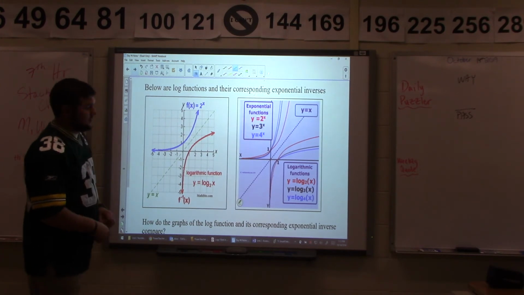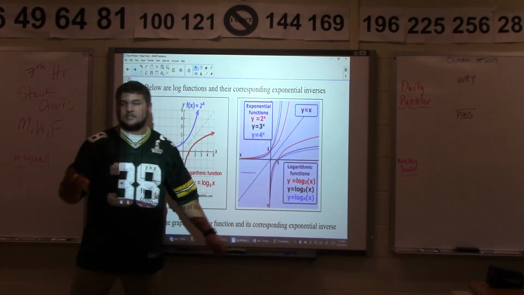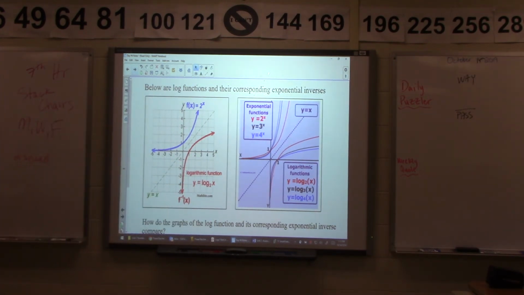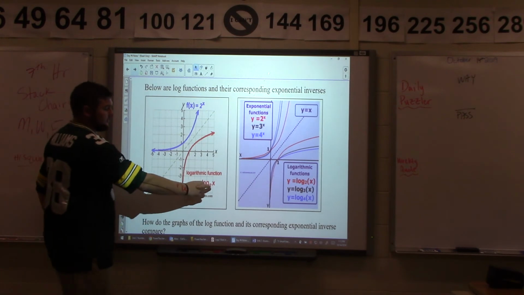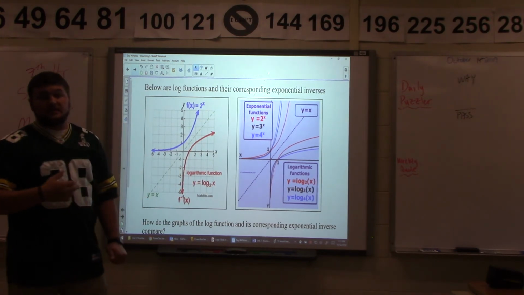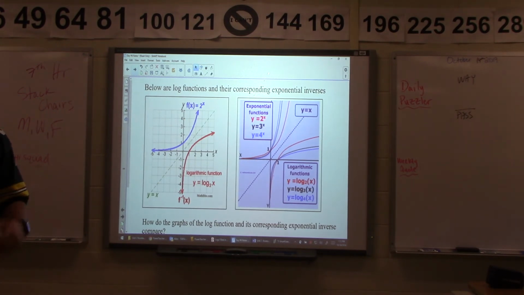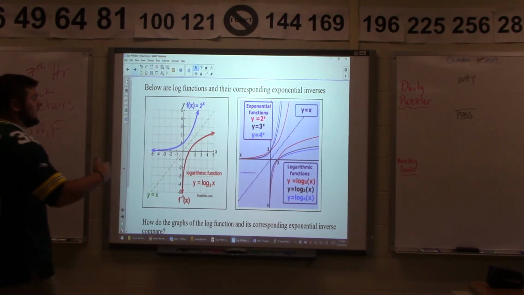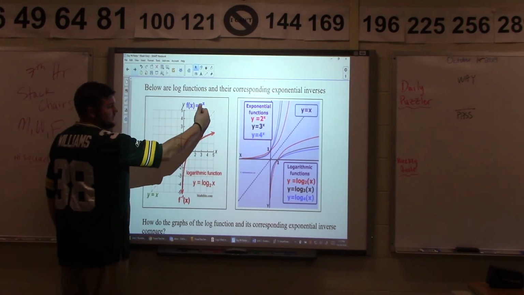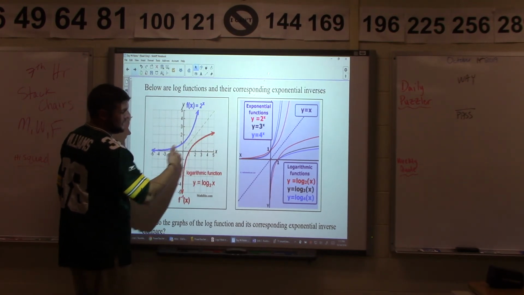Then, we're going to talk a little bit about log functions, because we said logs are the opposite of exponentials, right? So, like I said, we may ask you to match some of these log functions. Just like we said, we might have to match some exponentials, but we're not going to ask you to graph them. All right? So, our exponential functions, they go up from left to right, or they go down from left to right.